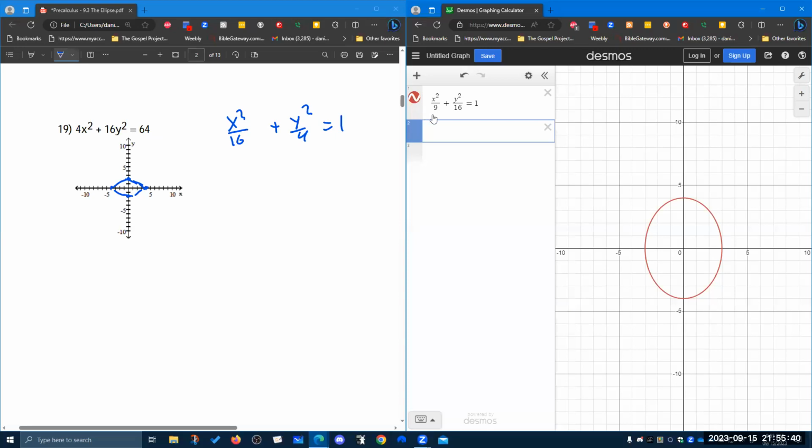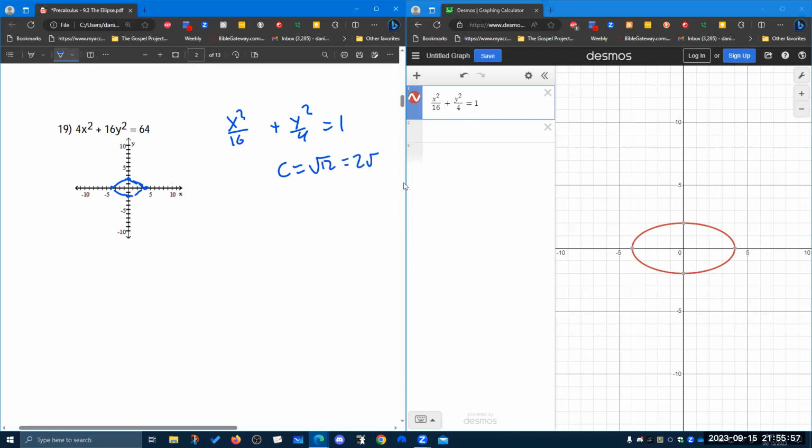This is 16 and 4. Looks like that. 16 minus 4 is 12, so c is root 12, which is 2 root 3.